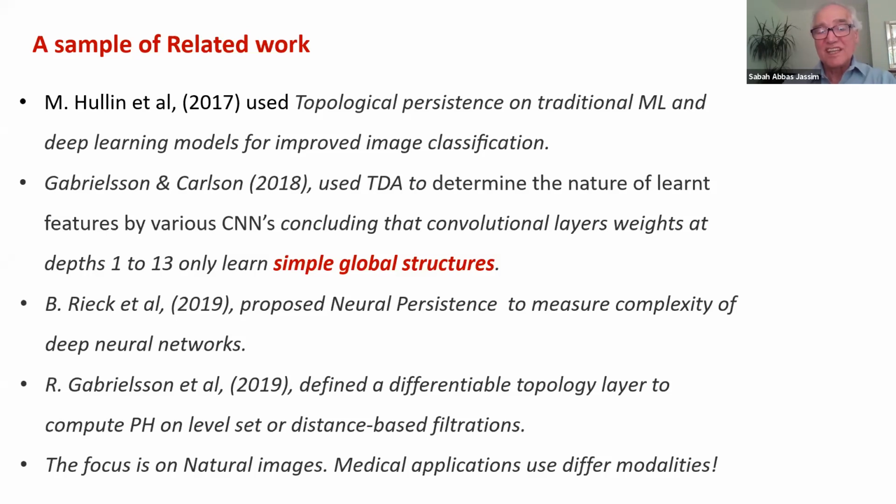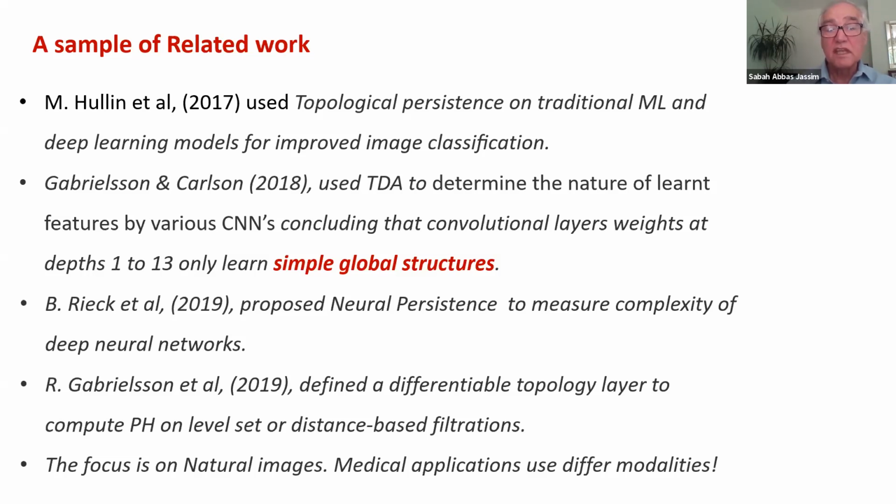Some work on understanding the complexity, or measuring the complexity, of the fully connected neural network uses what is known as neural persistence. Recently, a differentiable topology layer has been introduced to compute PH on either level set, intensity level set, or distance-based filtrations, with application to many other applications.